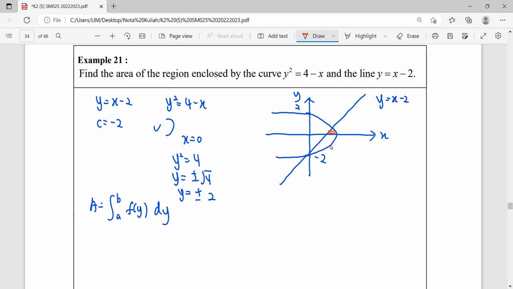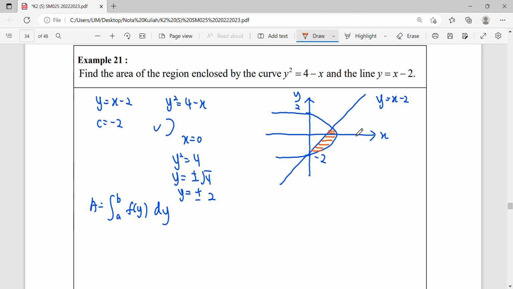Like this. So you cannot do it vertically, because vertically your graph will touch back to your graph region. From the graph here, it touches back to your graph here. Can you see it? If you do this, your own graph touches back to your own graph, right? So you cannot do dx. The only way is dy.